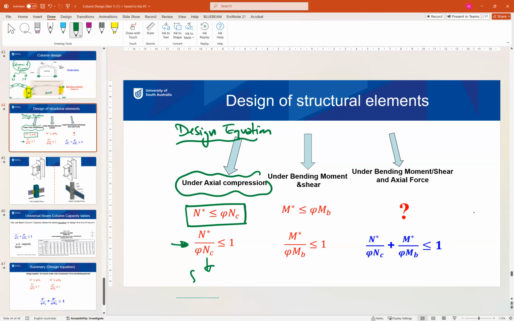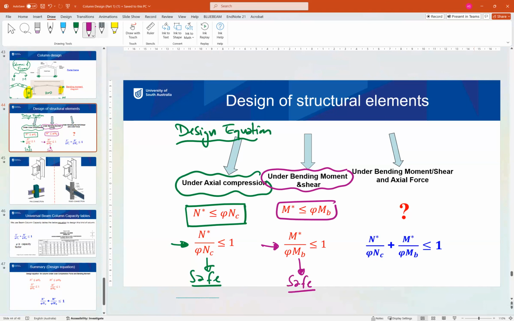If it is less than 1, this design is safe. This is if we have axial compression only. If we have bending moment only, it is the same formula as for the rafter: M* should be less than phi Mb, so M* over phi Mb should be less than 1. If it is less than 1, this design is safe. So this is the case of N only, normal force only, and this is the case of M only. This is just to understand the difference here.